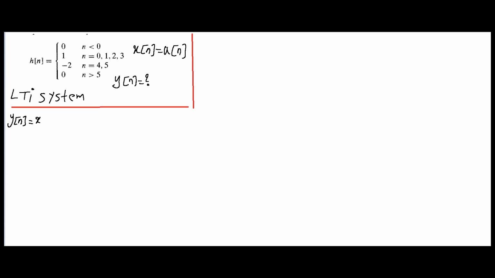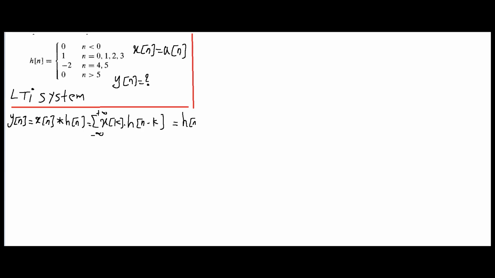The output of an LTI system is equal to the convolution of the input with the impulse response. Based on the definition of convolution, we can write it as a summation of x[k] multiplied by h[n minus k].